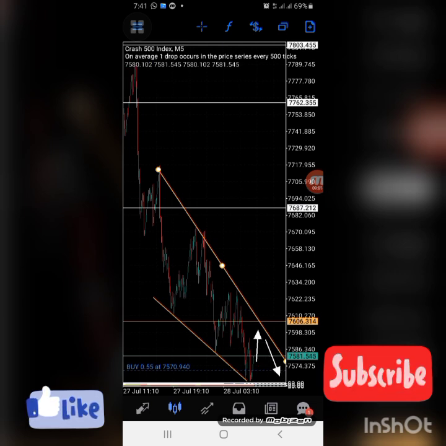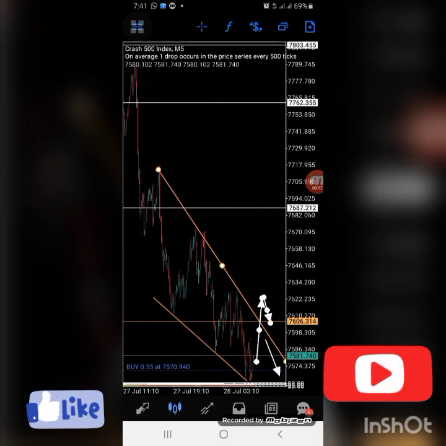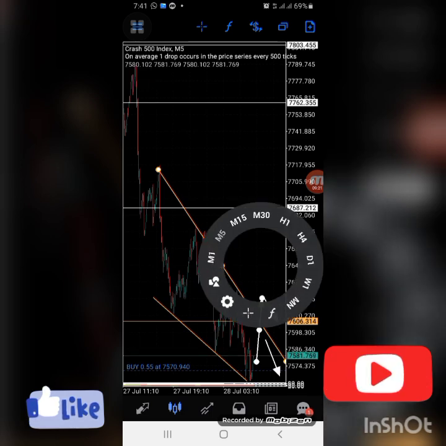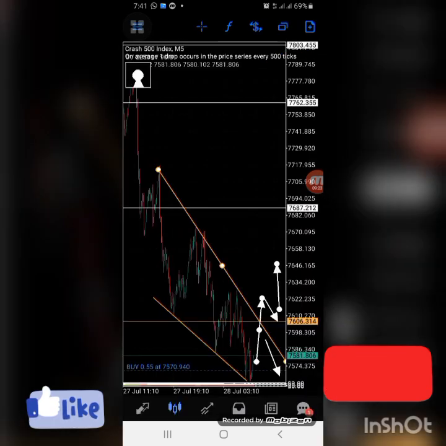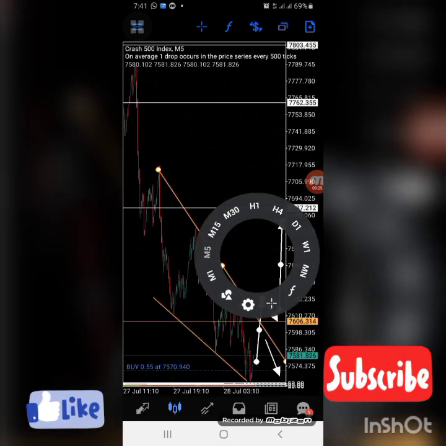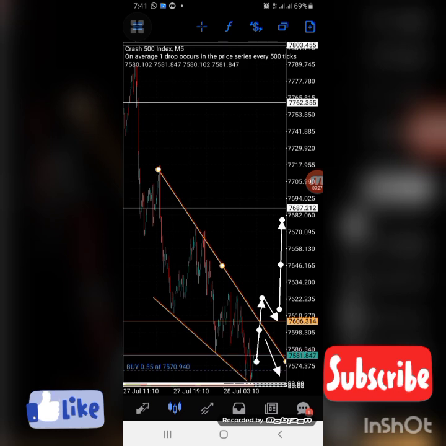Either it does it this way, that it comes up and drops down, or it crosses above, goes above, then comes back and returns. Maybe it goes above here, comes back to the level, then shoots upward again like this. So it is either one of these two that will happen.